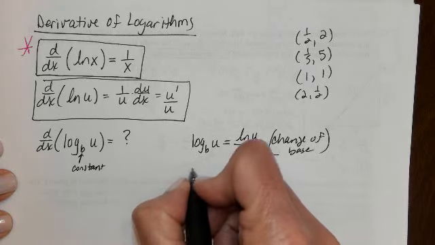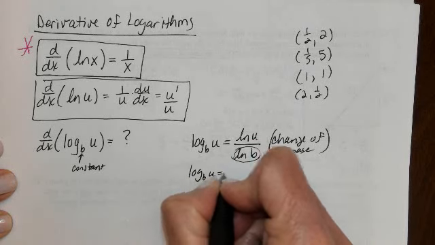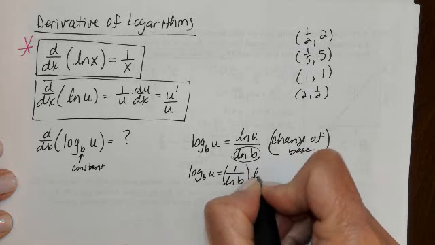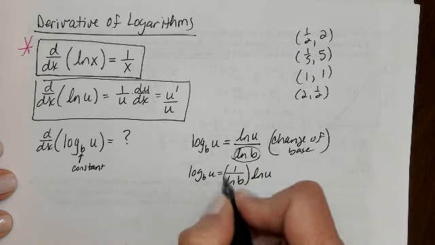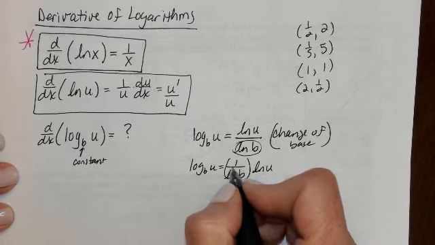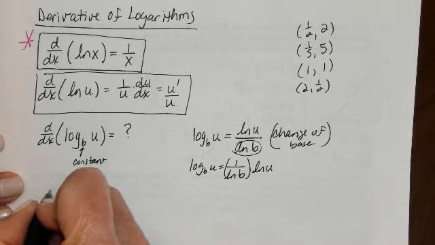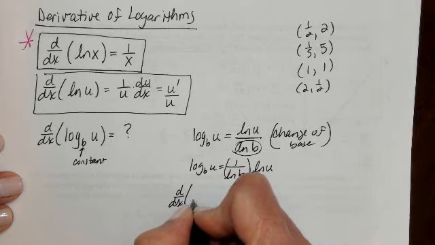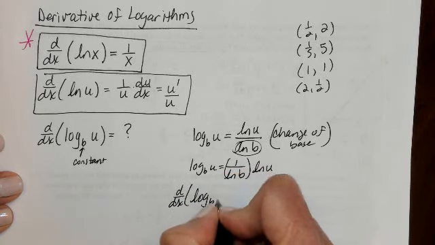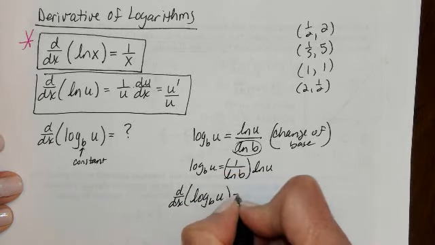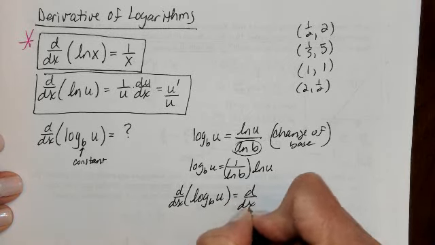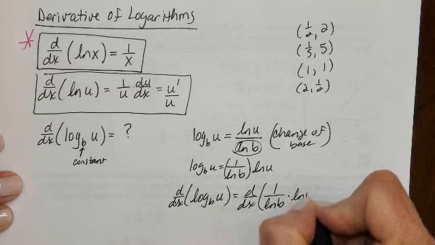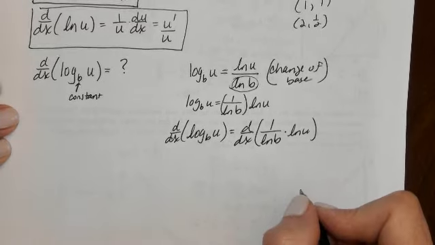So log base b of u is 1 over ln of b times ln of u. This is just a constant, like a 5 or a 10 or whatever. So the derivative with respect to x of log base b of u will be the derivative with respect to x of 1 over ln b times ln u, where 1 over ln b is just a constant.